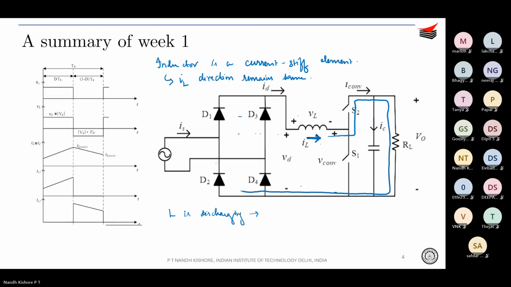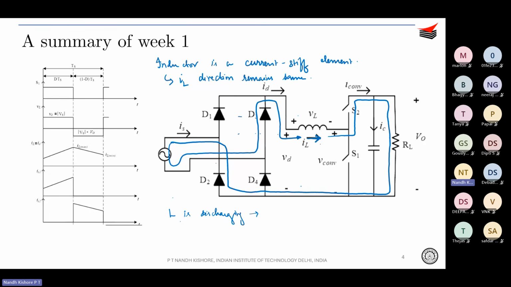And you can understand that this would be completed something like this. Okay. So this is one particular path for the inductor current. Because L is discharging, and you cannot use S1, so this can be one path.